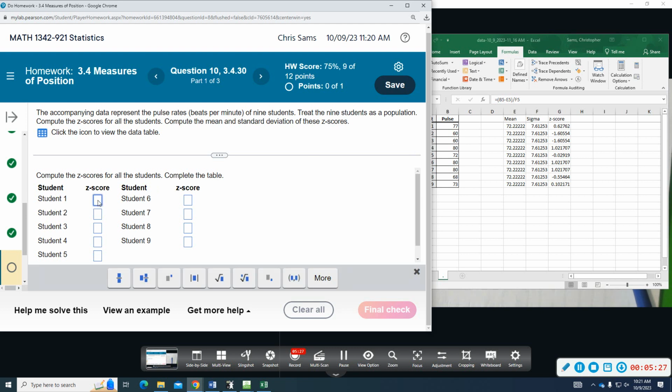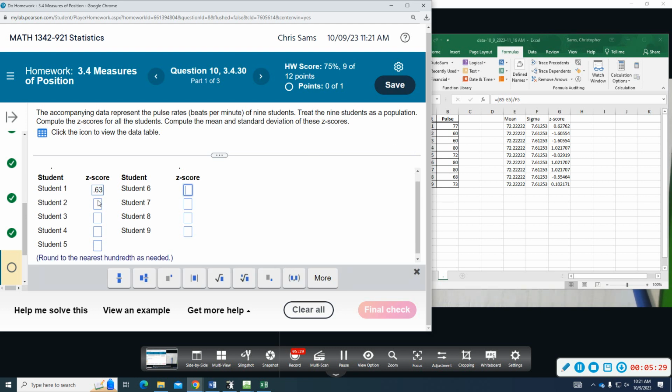0.63 for the first student. Second student, negative 1.61. Third is negative 1.61 as well. Fourth, 1.02. The fifth student, negative 0.03.